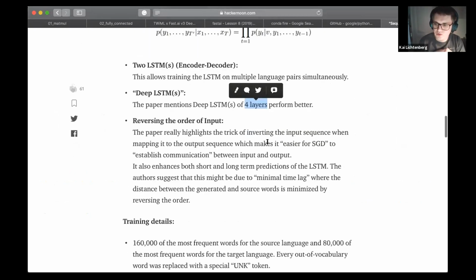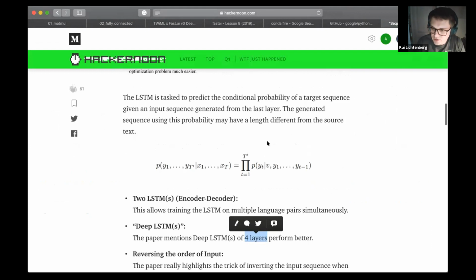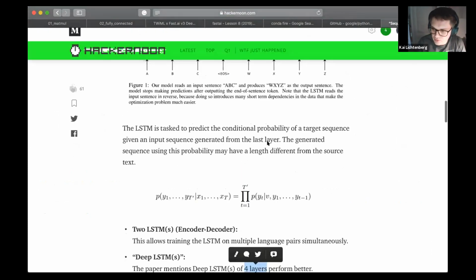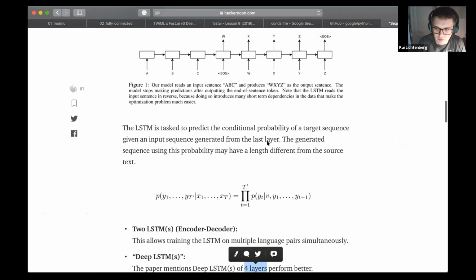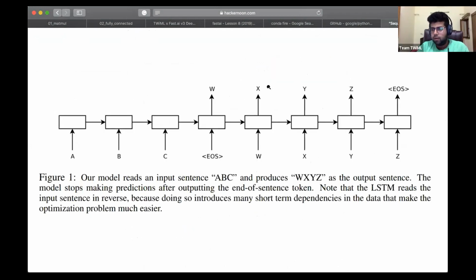Sanyam, there is a question from DC in the chat, and he wants to know why reserving the order of the input helped performance so much. Is it because they wait to predict the EOS? You mentioned reversing the order, right?